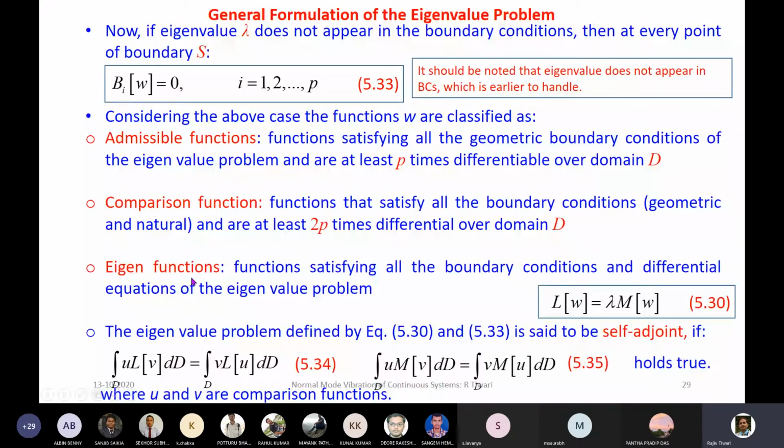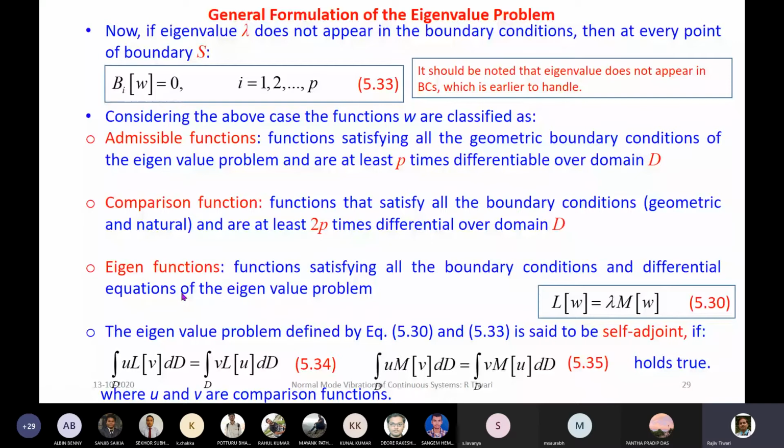An eigenfunction is the exact solution, something like a mode shape. The eigenfunction satisfies all the boundary conditions and the differential equation in totality, that is, it satisfies the eigenvalue problem.